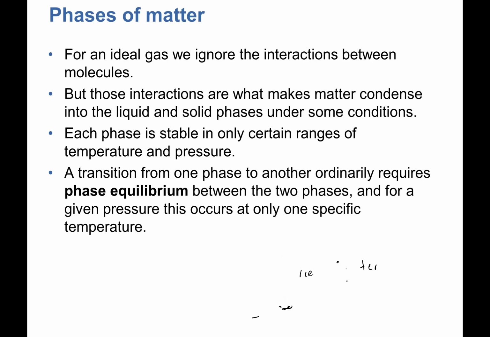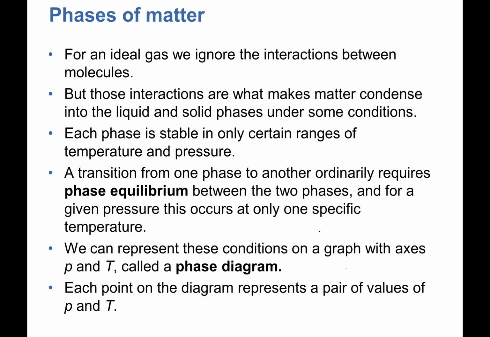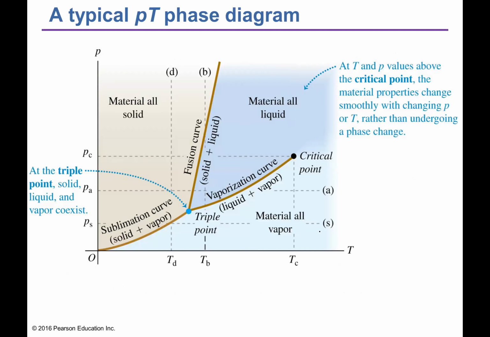All right. So now we can represent these conditions on a graph with axes P and T rather than P and V. This is known as a phase diagram. Each point on the diagram represents a pair of values of P and T. So instead of pressure versus volume, this is another one that we can use, which is pressure versus temperature. And it tells you under which pressure and temperature your substance will be in a given phase.